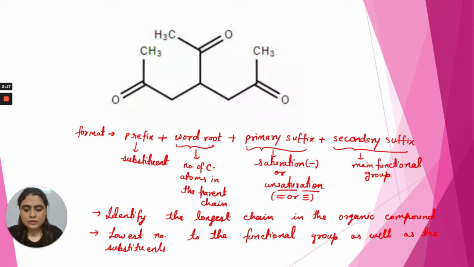So let's see the longest chain in the following structure. 1, 2, 3, 4, 5, 6. From here we are getting only a 6 carbon chain. But if we number from this side, it will be 5, 6 and 7. So numbering from this side, we are getting the longest chain.